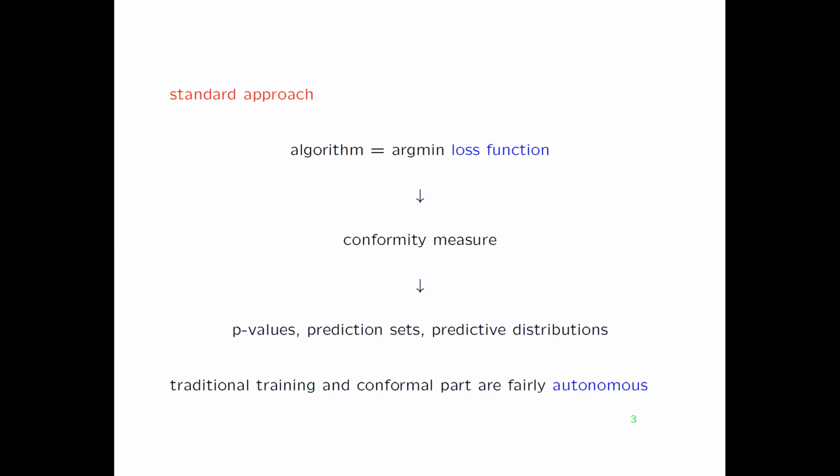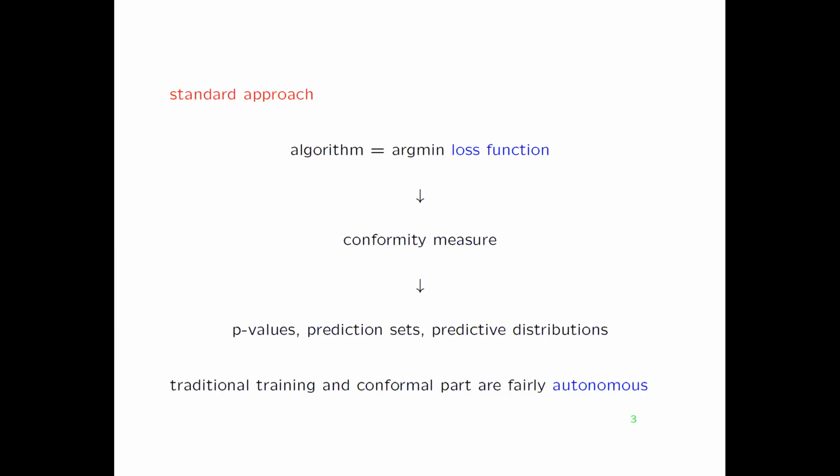You use it to tune the free parameters of your algorithm. And let me stress here that this loss function usually is based on the prediction that for each parameter set your algorithm makes. And these predictions are not conformal predictions, but are normally just pointwise predictions.